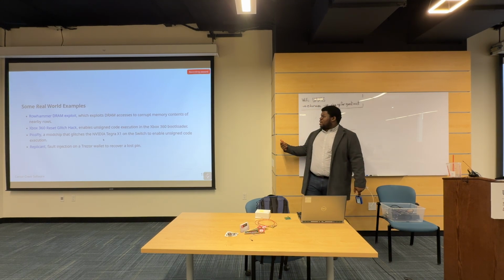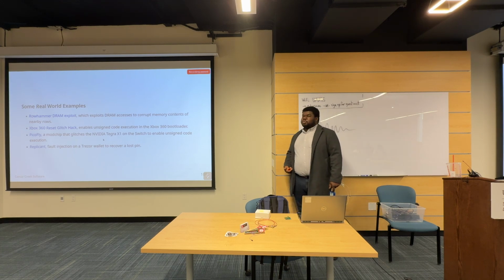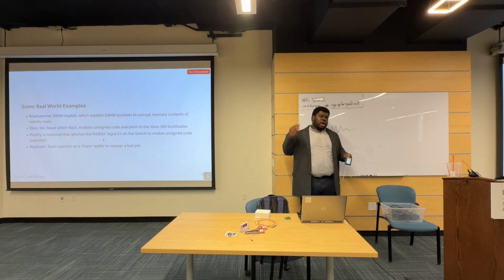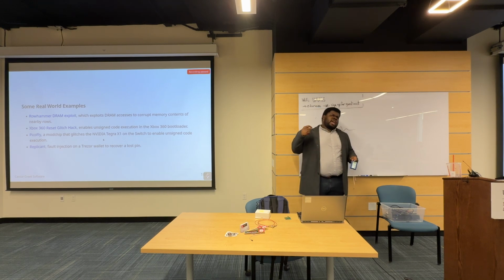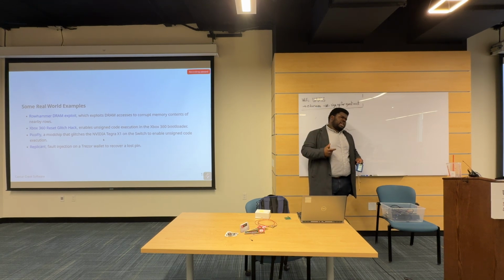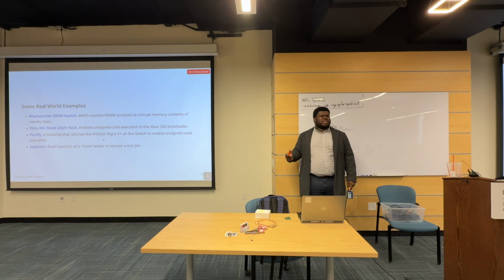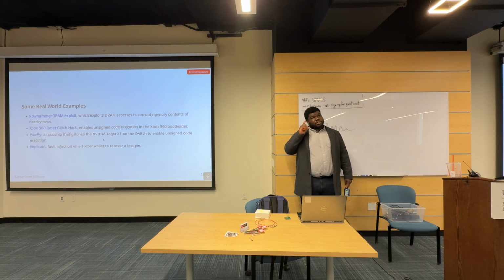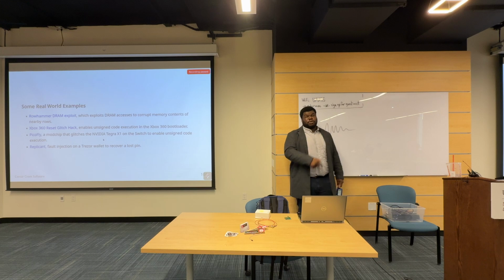We've got the Rowhammer DRAM exploit, which is basically, I run some code on a computer that causes the chip to heat up, and then it'll cause the RAM module to start flipping bits next to it, right? Which can actually cause other programs to start spitting out some garbage values, which is one of the theories I think happened with that cosmic ray thing that was going on over there.